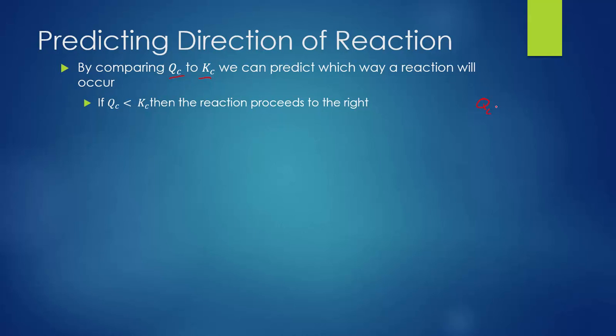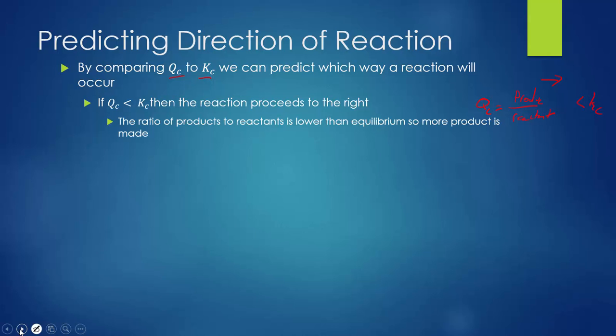Remember, Qc is the ratio of product to reactant, and Kc is this at equilibrium. So if Qc is less than Kc, that means we have less product than we need, and to get more product, we're going to have more reactant change to product, so it's going to favor the forward reaction.